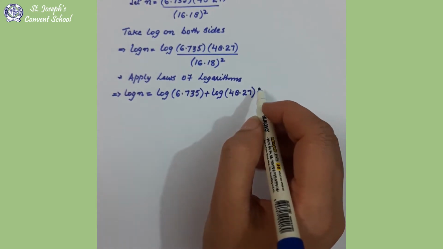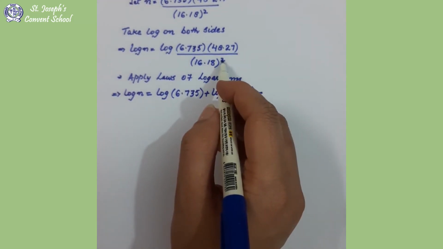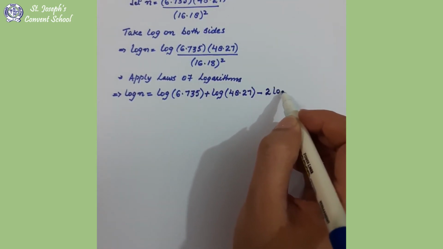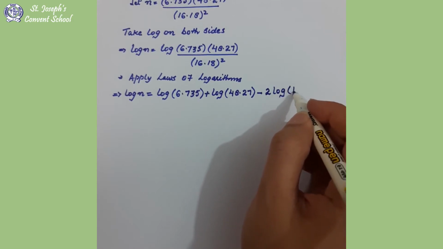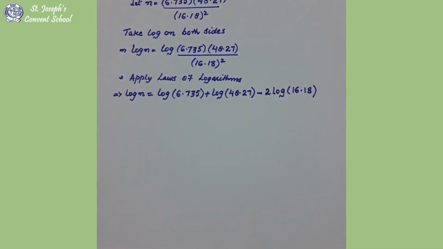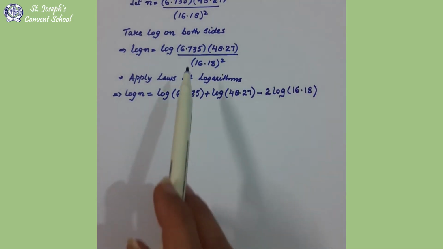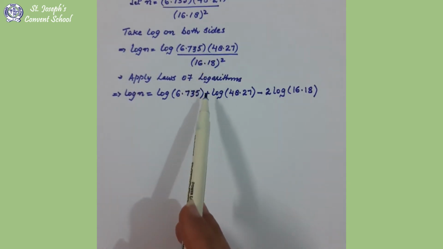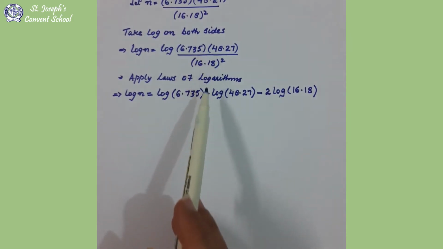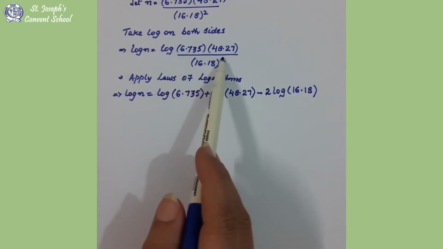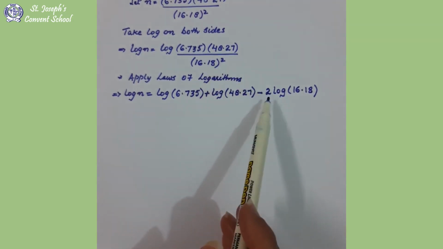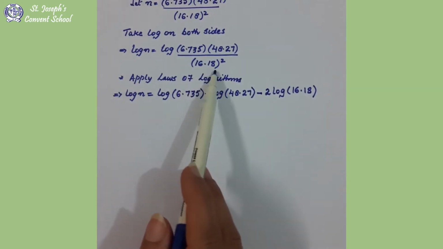And you will write the power first, 2 log 16.18. So we have applied the laws. Product sign will change into plus sign, division sign will change into minus sign, and this power 2 will come before log, 2 log of this number.